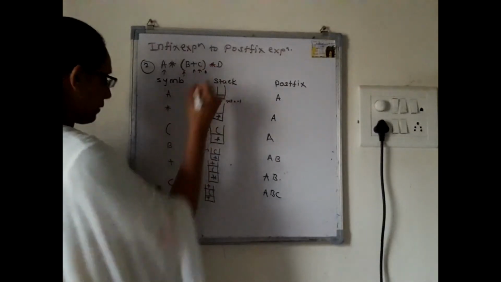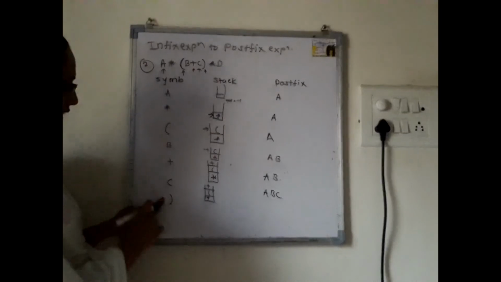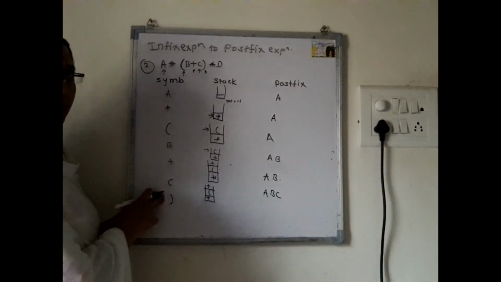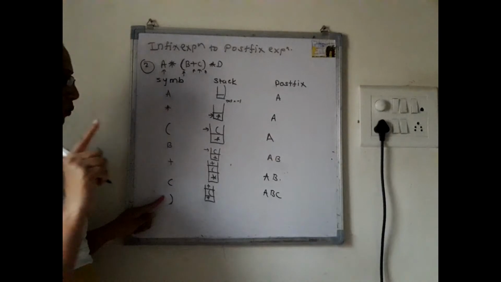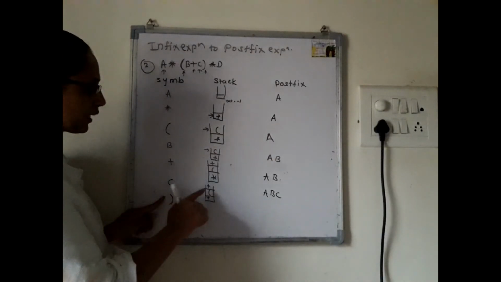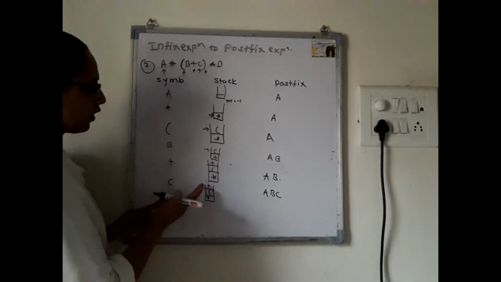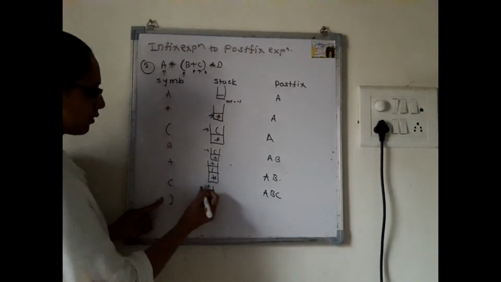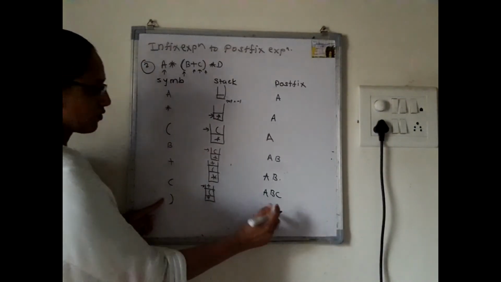Next is the closing bracket. When there is a closing bracket, we pop the elements from the stack until we encounter the first opening bracket. But that opening bracket we are not going to put into the postfix expression. So on the closing bracket we pop the top element, that is plus, and put it into the postfix expression.